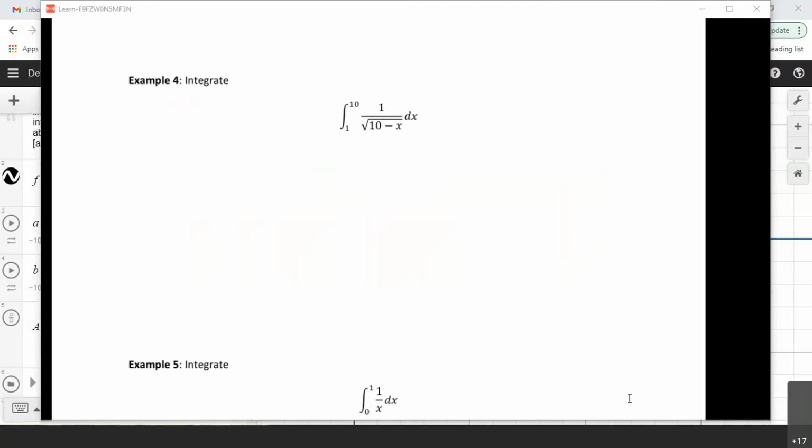Is the integrand defined for all x in 1 to 10? I'm asking a question. Is the integrand defined for all x's in that interval? Look at it closely.